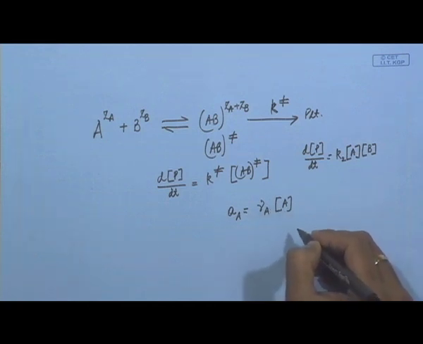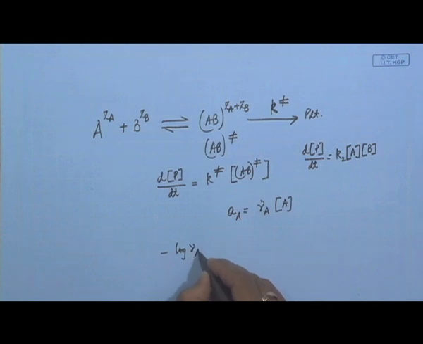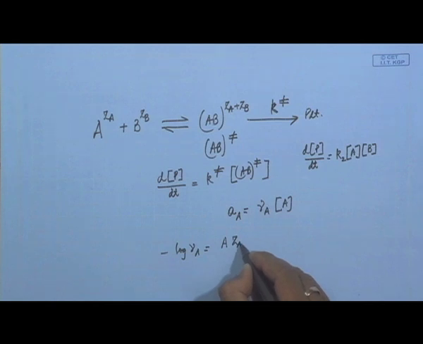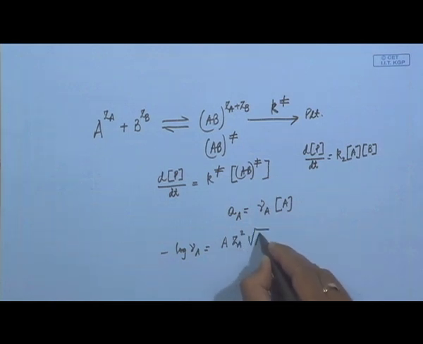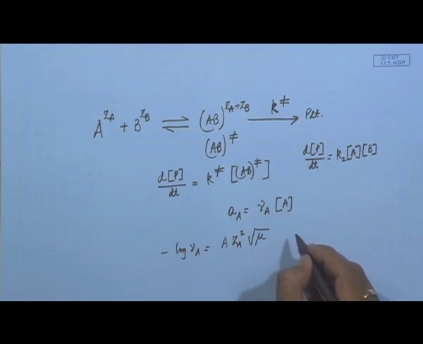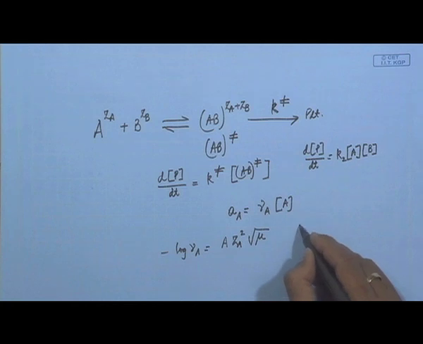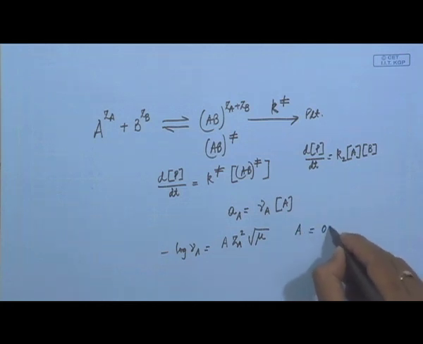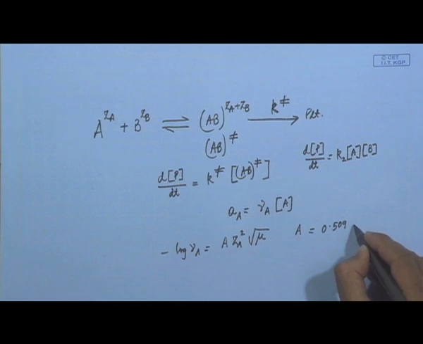Now, this activity coefficient has a relation to the ionic strength of the medium in the following way: minus log gamma A is equal to A ZA squared times the square root of mu. Mu means the ionic strength of the medium, or in some books it is written as I, where A for water is 0.509 at 298 Kelvin.